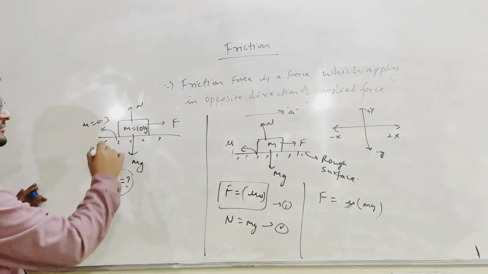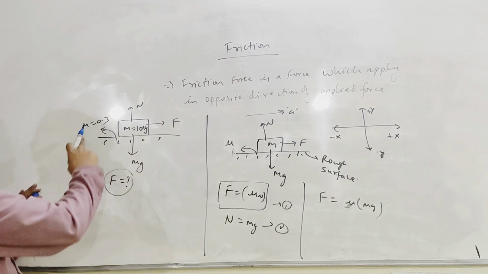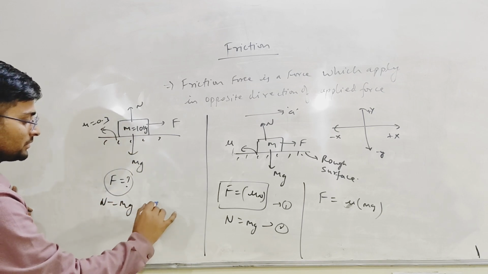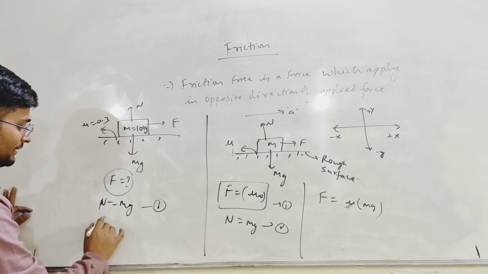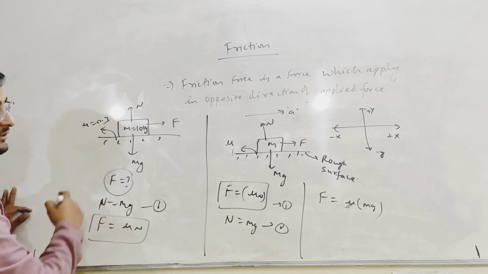Then it is very important that this applied force is more than the frictional force. It means N is equal to mg, the first equation, and F is equal to mu N, that is called the frictional force.